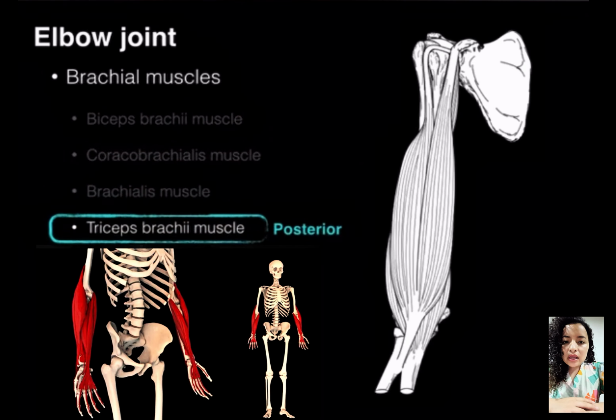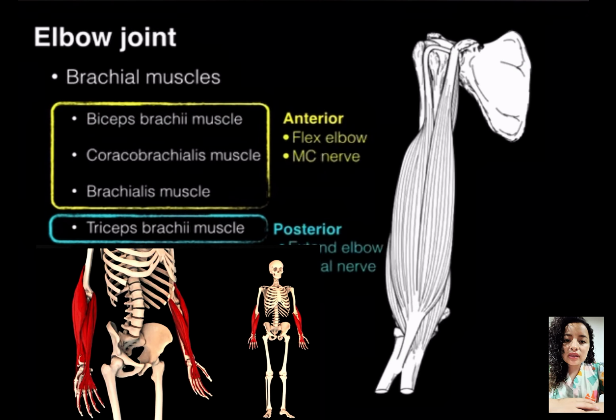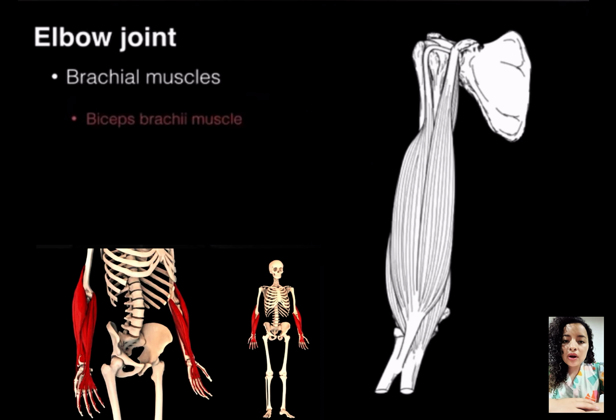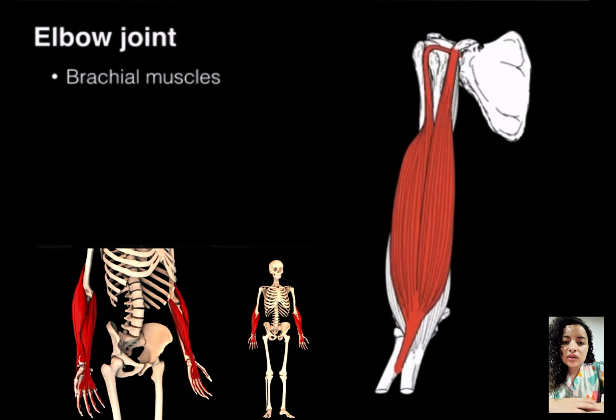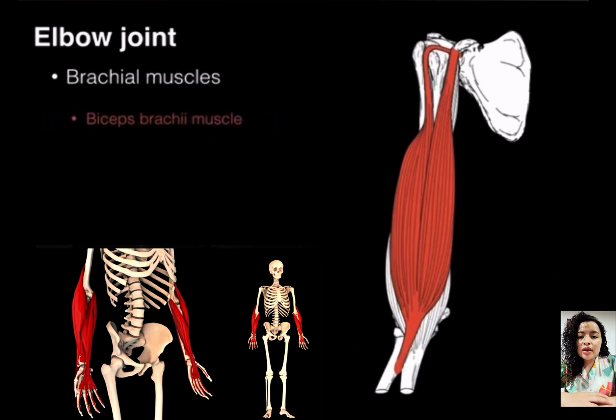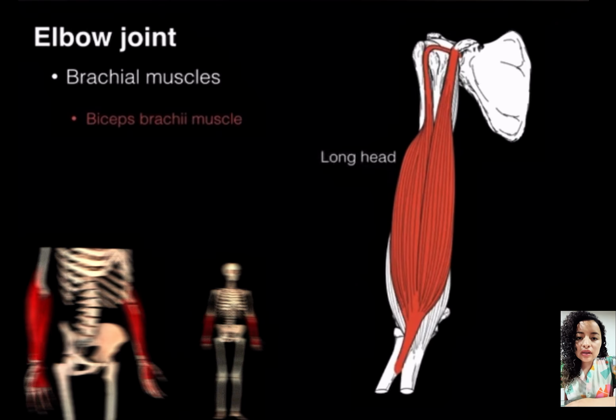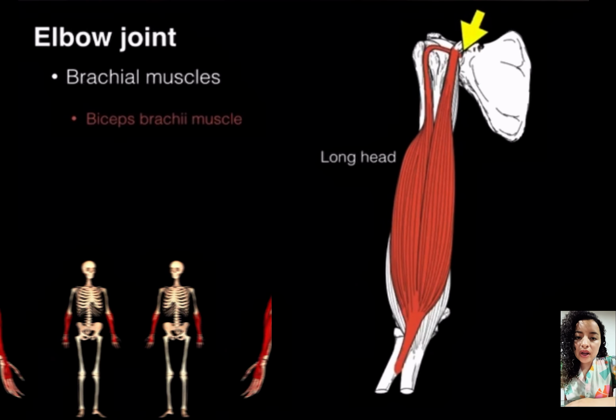These four muscles are divided into anterior muscles, because they're on the front of the brachium, and these muscles have the following things in common. They flex the elbow joint and are innervated by the musculocutaneous nerve.